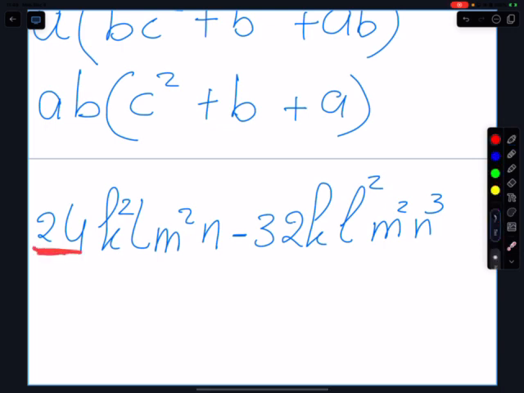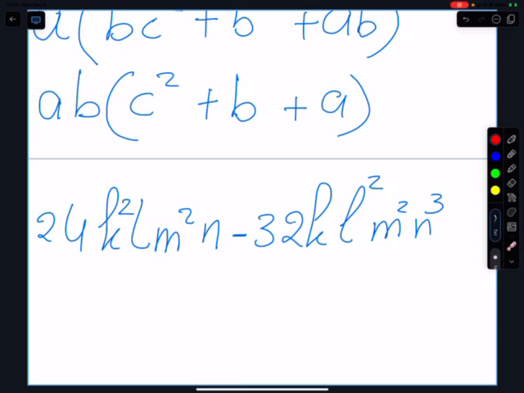Highest common factor of 24 and 32. You start dividing by 2 and then 2 and then 2. 4. 32 is not on the table of 6. I might be wrong. 8. Correct.